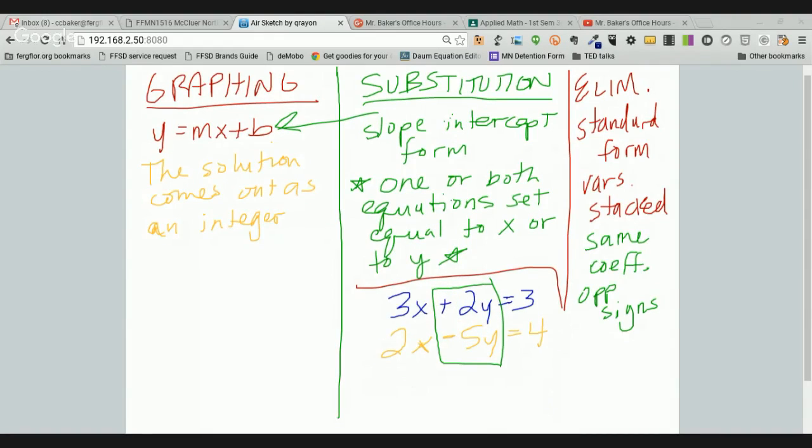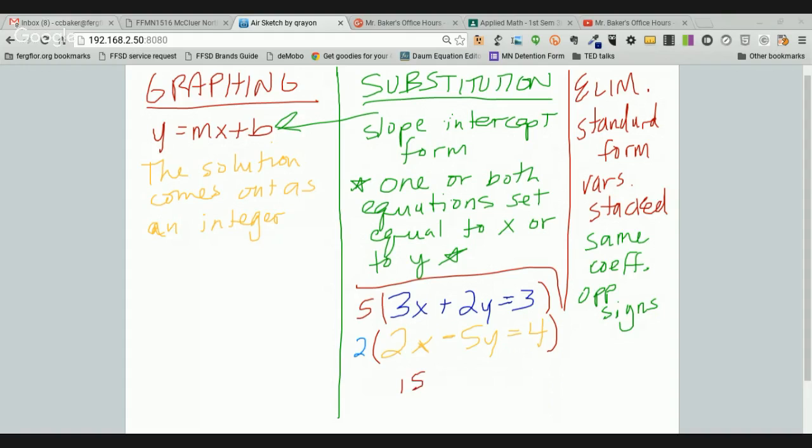So the least common multiple of 2 and 5, let's see, 2, 4, 6, 8, 10, 5, 10. So I would multiply these to get them both to have a coefficient of 10 on the y. So I multiply that top one by 5 and the bottom one by 2.